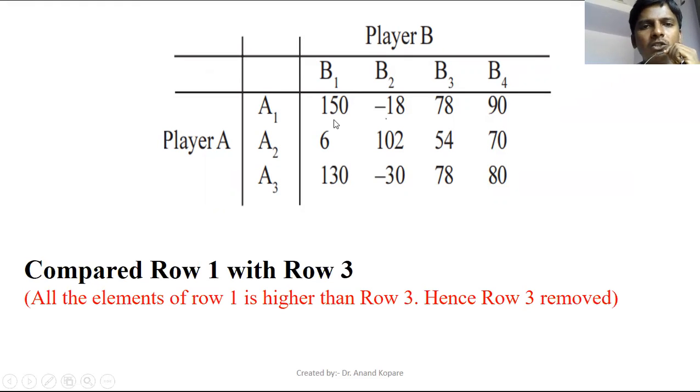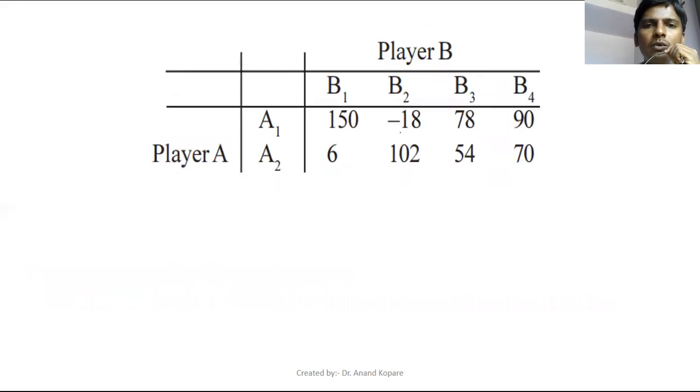It means all the elements of row number 1 are higher than all the elements of row number 3. Hence you can remove row number 3.